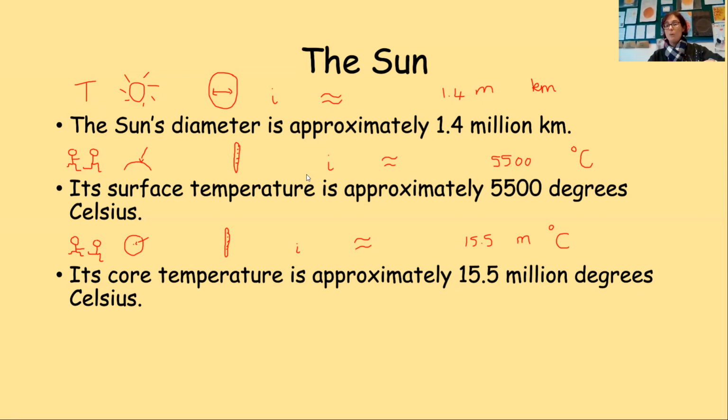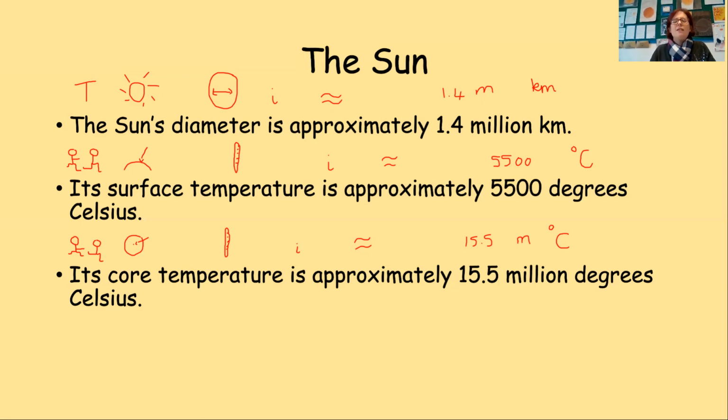So all I did was put my hand on the screen so I couldn't see the words, but I could see the pictures. And what I would do is say that again and again, and then see if I can do it by covering up the pictures as well. So maybe try with my eyes shut. The sun's diameter is approximately 1.4 million kilometers.